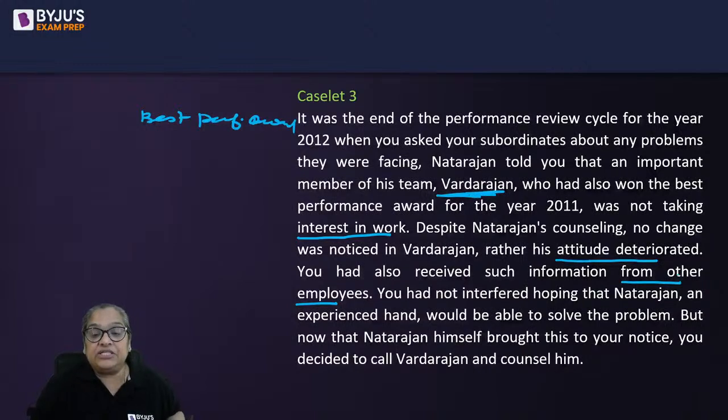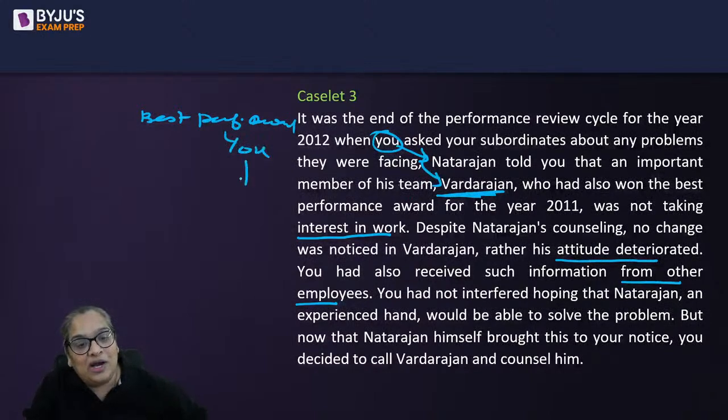Initially, Natarajan says that he did not interfere in the matter at all. Mr. Natarajan told you, you are the manager. You asked your subordinate Natarajan about Vardarajan.